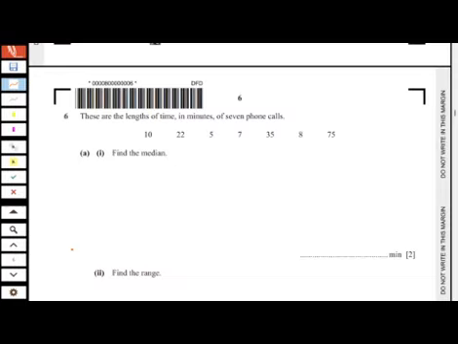So we start with the lowest one. Lowest one is 5, then 7, then 8, then 10, then 22, then 35, and last is 75.